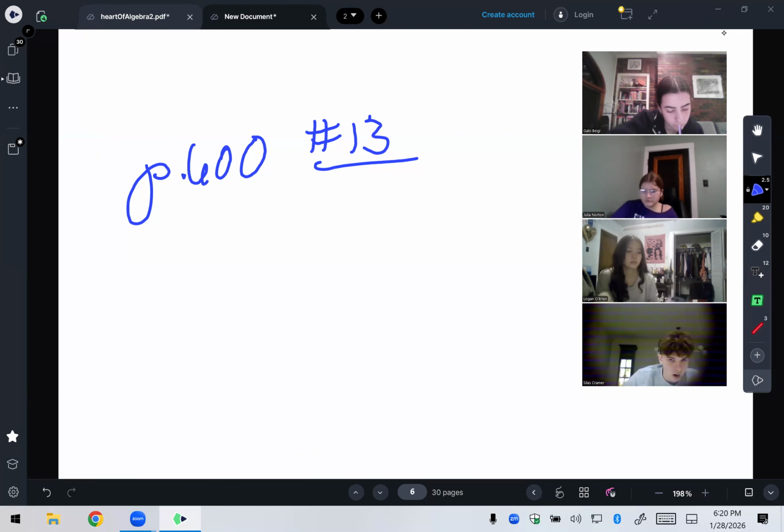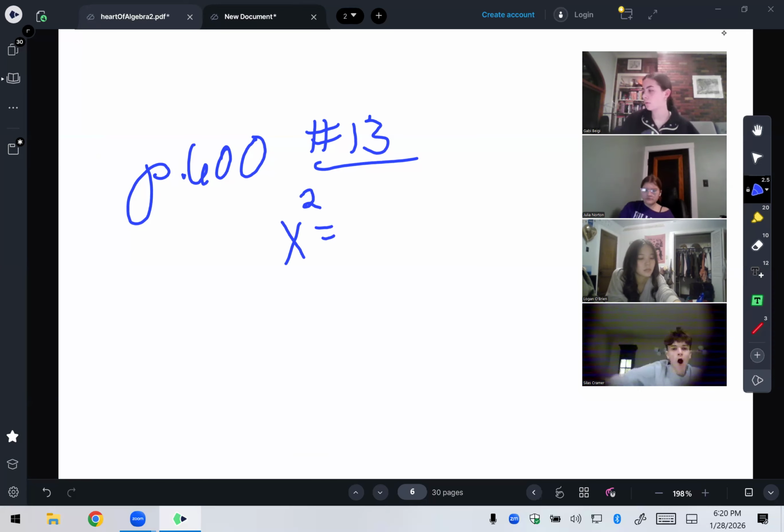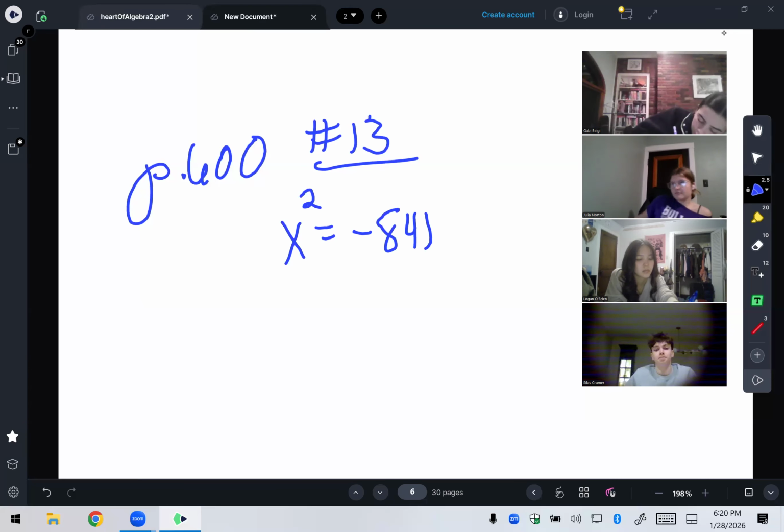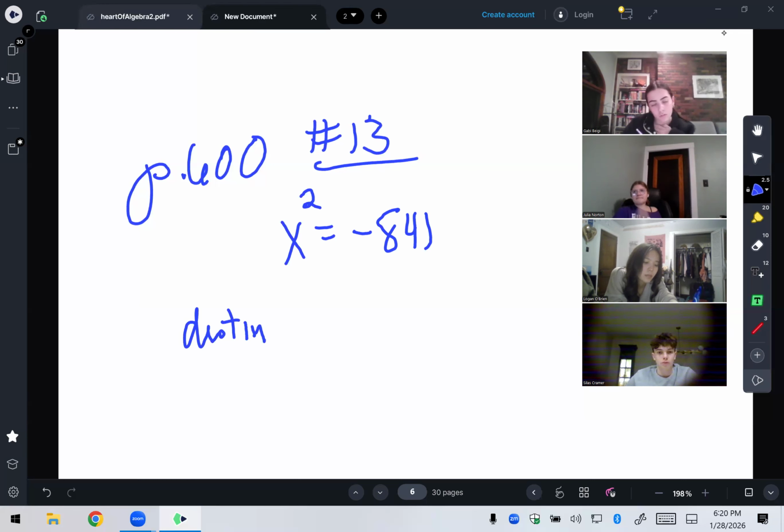So the question is, there are two solutions, but there's no i on the test. We have x squared is negative 841, so it's plus or minus 29i. We don't do i's, but we only want the distinct real solutions.